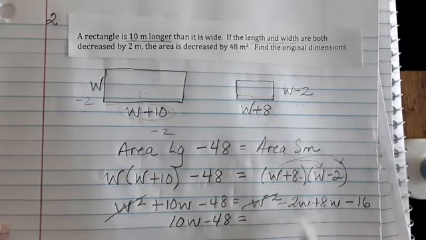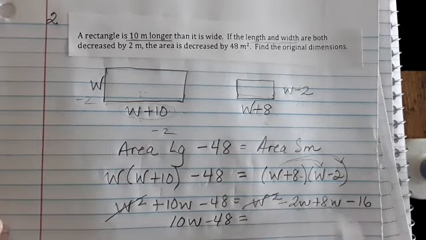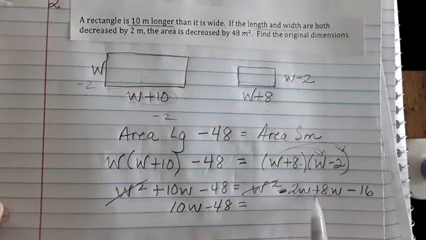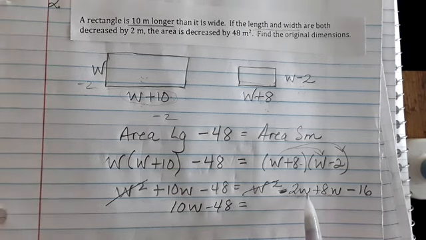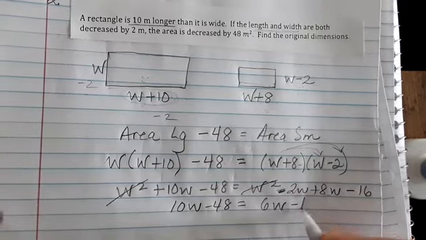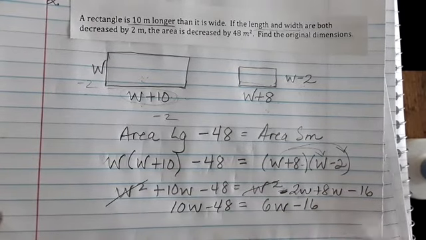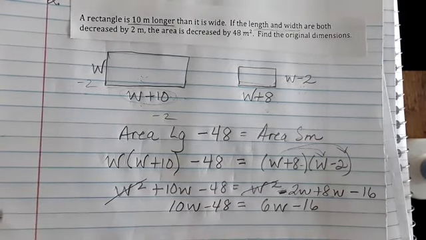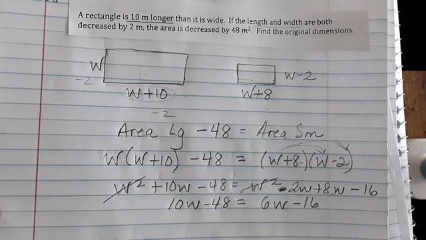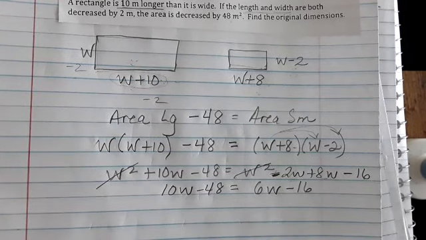What have we got here? 10W. Careful. Negative 10. A negative 2 plus 8. 6W minus 16. Bring that 6 over, see what you come up with for W. What did you get?